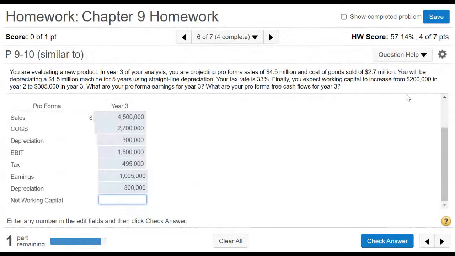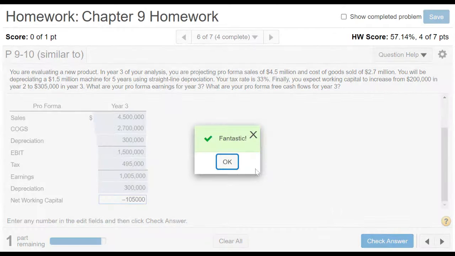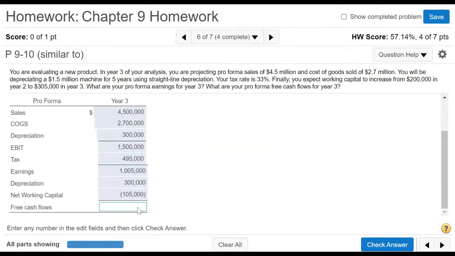And net working capital. So it went from 200 to 305. 105,000. Which way? Negative. Okay. So do the rest. 1,200,000.